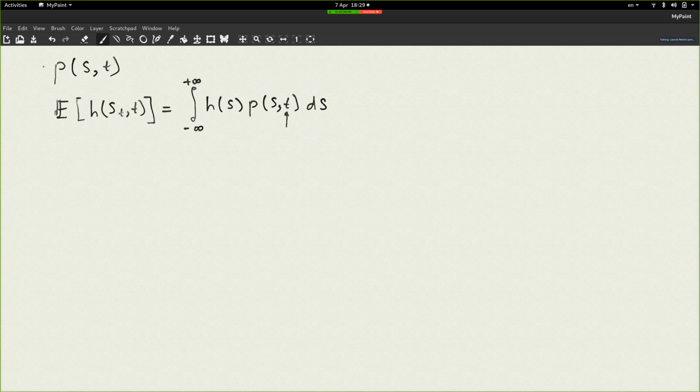And in a similar way, we can construct the expressions for the expected value under the integral. Therefore, what we get?